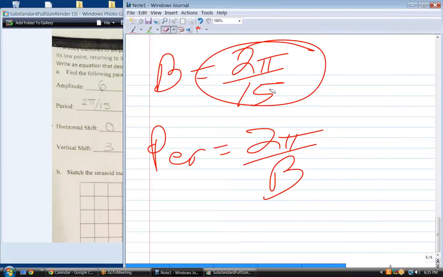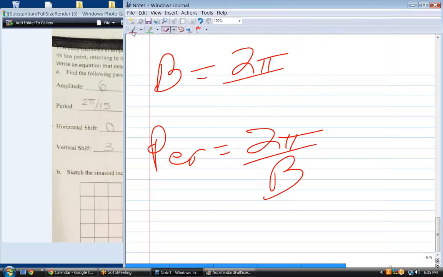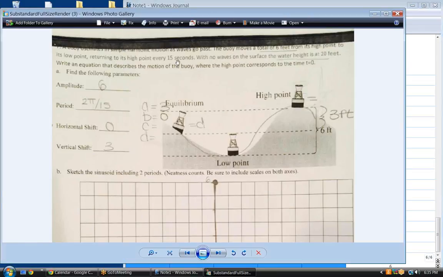B is 2 pi over the period, always. And the period is 2 pi over B. You know, just doing the algebra. Okay? So they give us the period when they say it goes back to its high point every 15 seconds. So 15 seconds is the period, but then to get B, you got to do 2 pi divided by the period.